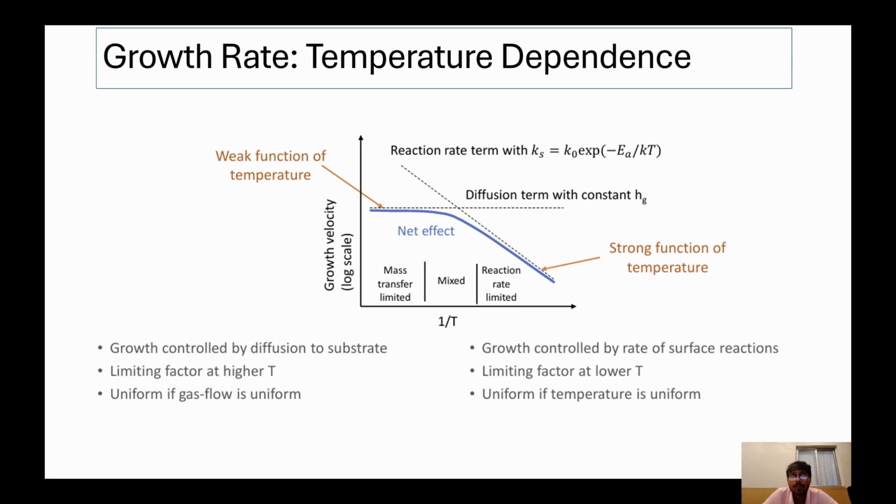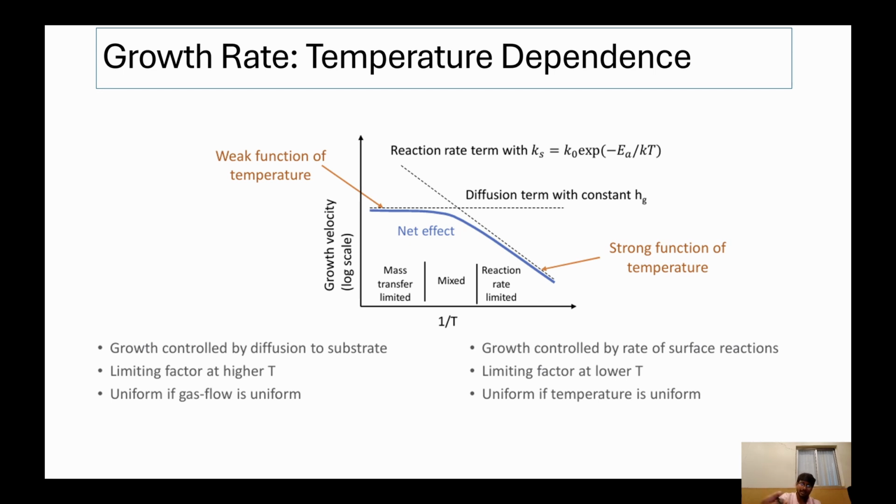In case of diffusion of gas into gas, that does not depend on temperature, but reaction rate does depend on the temperature. At higher temperatures, the reaction rate is much faster than the diffusion.